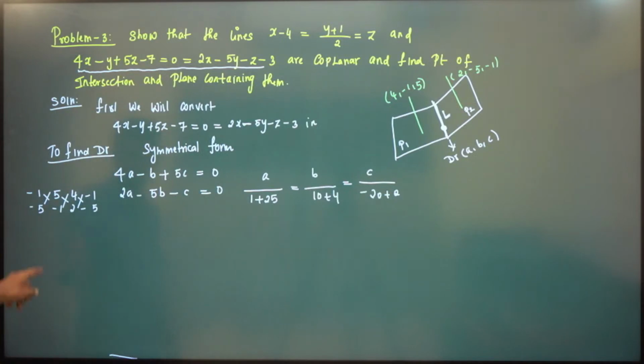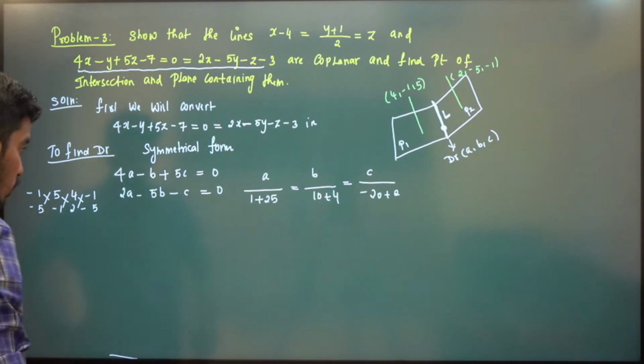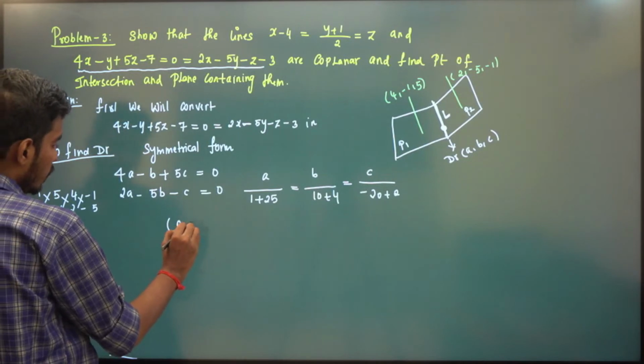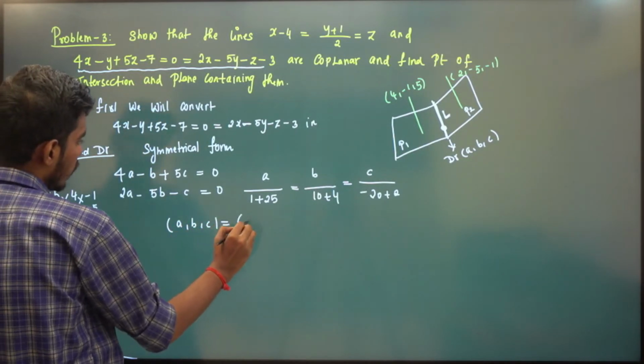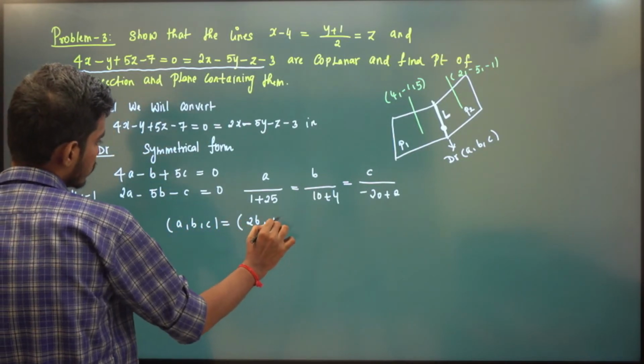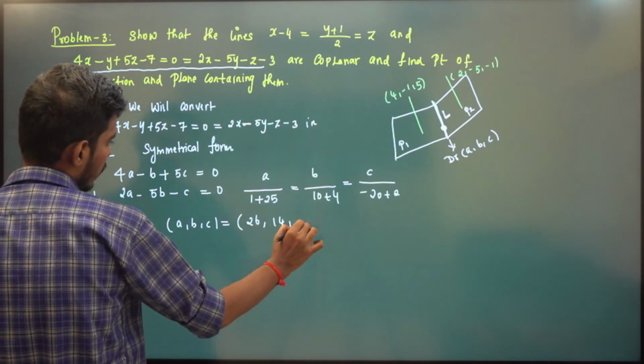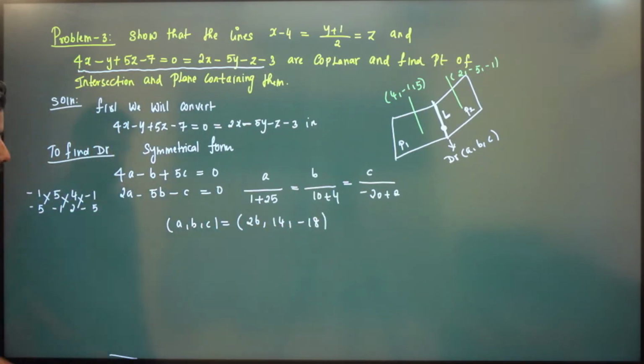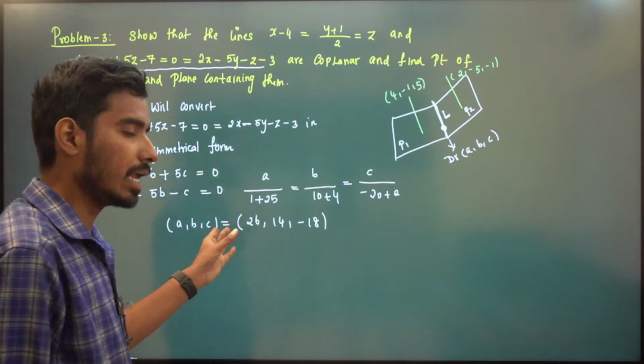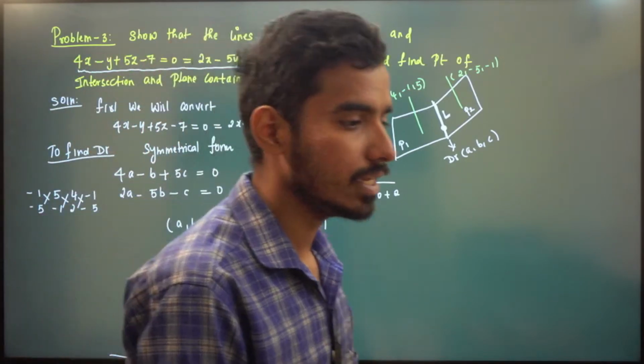That means a, b, c will be of the form 26, 14, minus 18, right? You can also take 2 outside. It is a direction ratio only; there are many direction ratios.